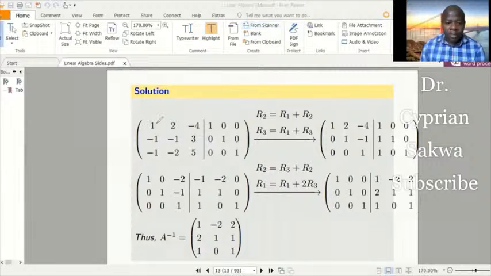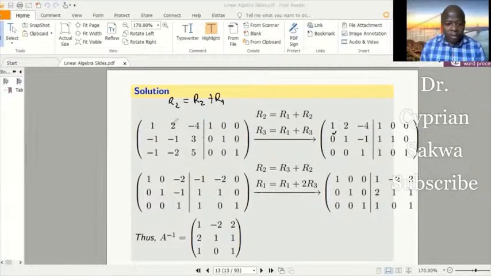So I have this element here, this element 1. I want to use it to have zeros elsewhere in the column, so that this 1 is the only non-zero element in column 1. So I want a 0 here, another 0 here. To get the new row 2, I'll have to take the current row 2 and add row 1 to it. Let's do that. Row 1 remains as it is. So add row 1 to row 2, you have a 0 here.